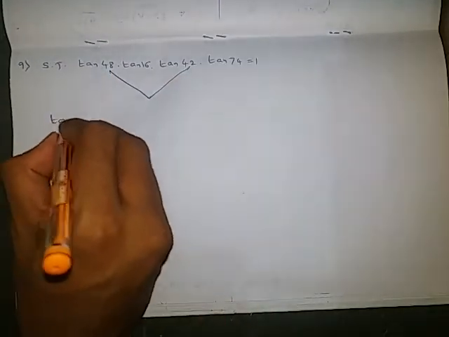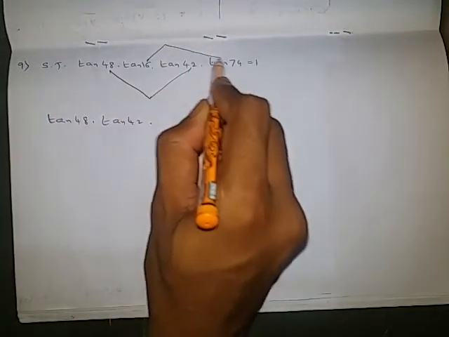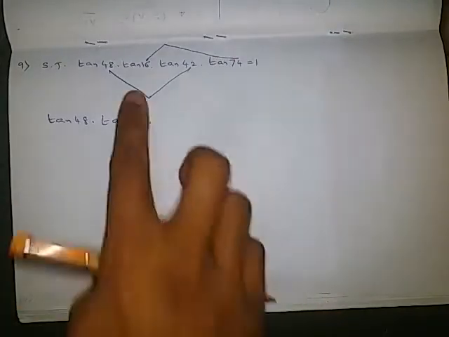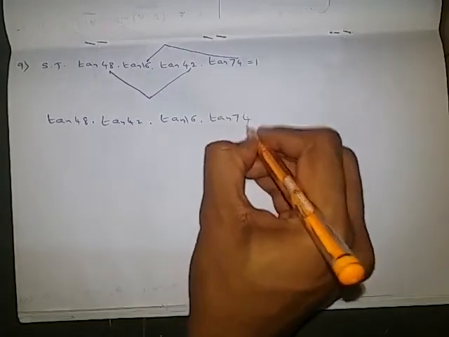So these two I will write side by side: tan 48 into tan 42. Here 16 plus 74 is 90 degrees, and the second one and fourth one I will write side by side, that is tan 16 into tan 74.